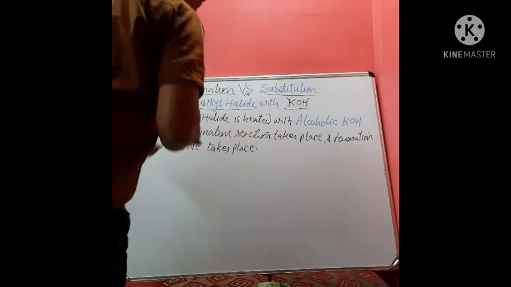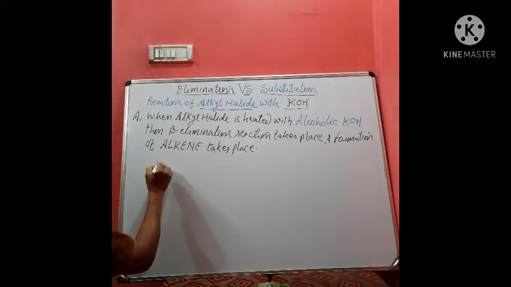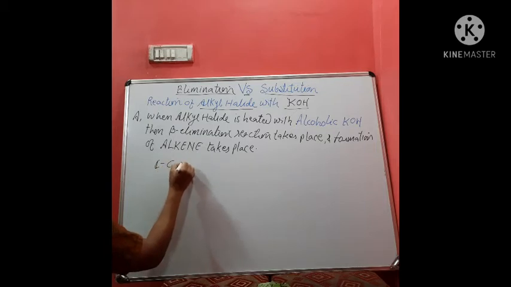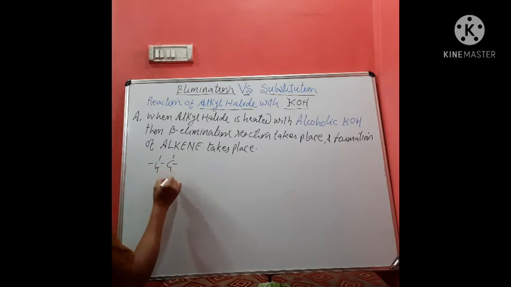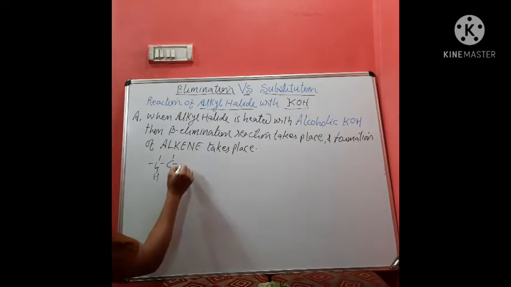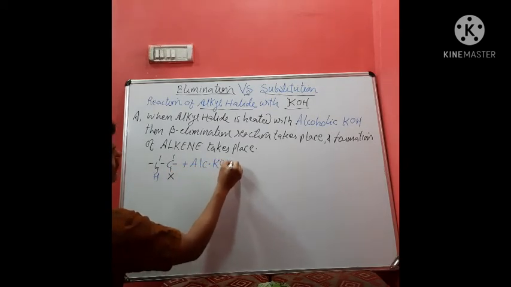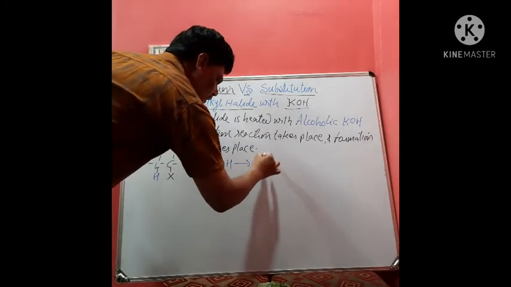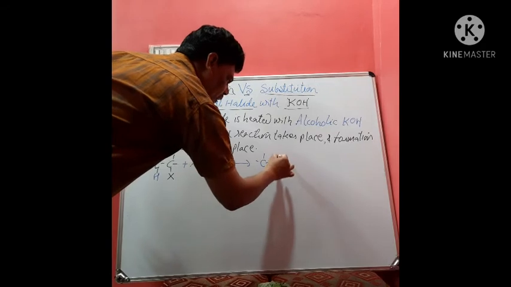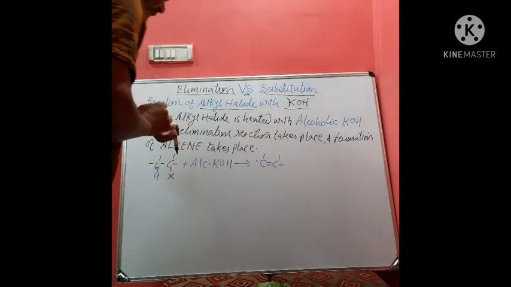You can write CH3CH2X, plus alcoholic KOH. We have discussed earlier, it forms ethene as a major product, plus KX.